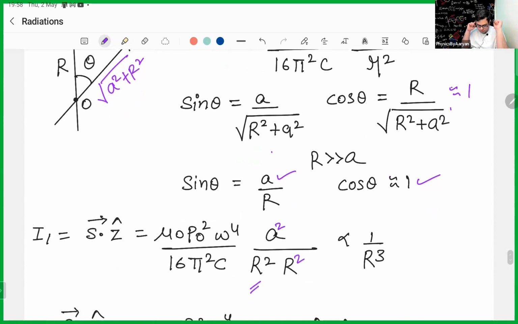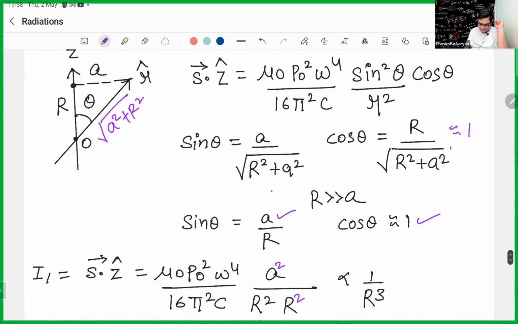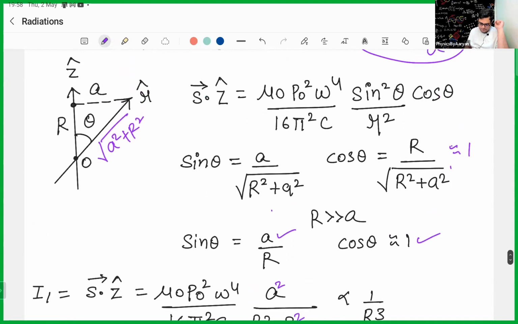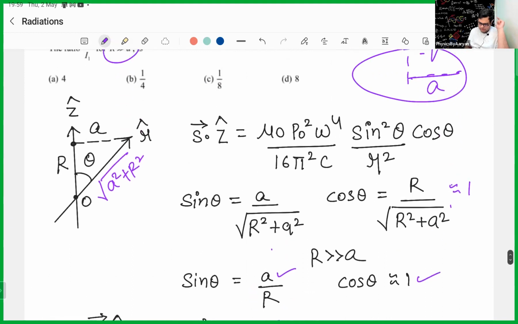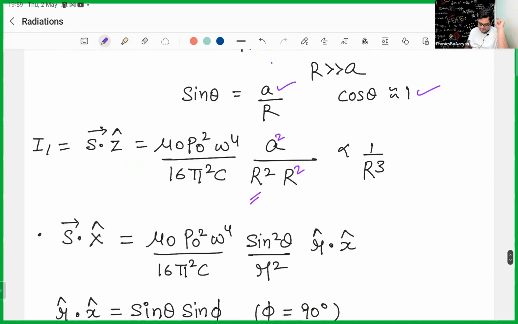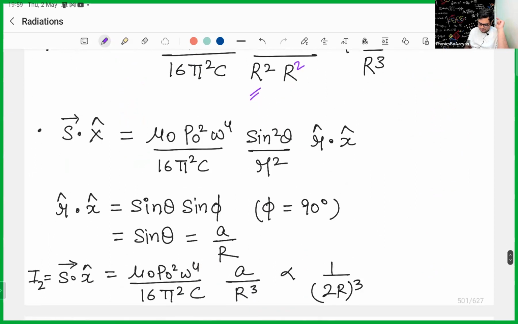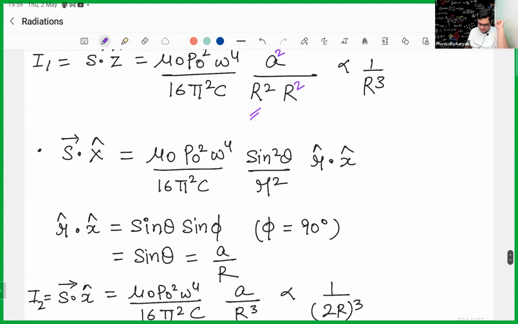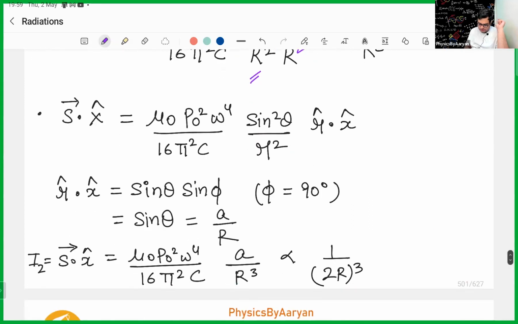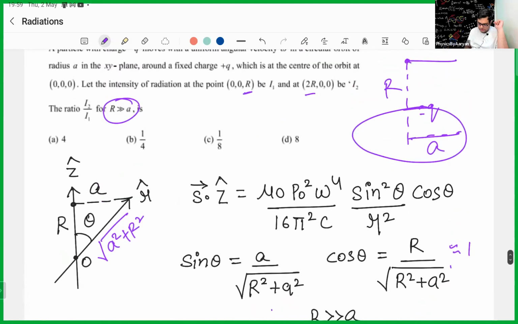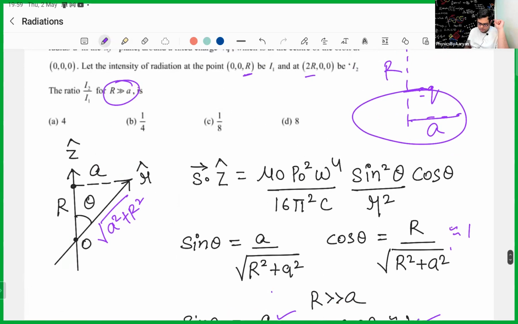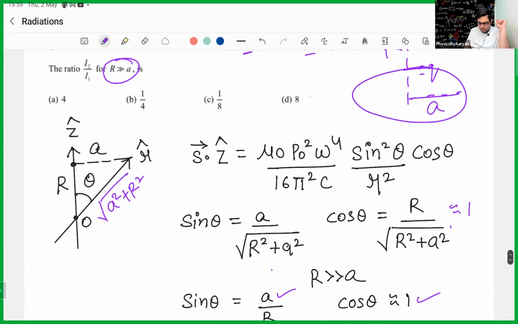It should then be power 4. Just a second. Something is fishy here. Sine theta is A by R. What am I missing here? It should be R cubed. As I remember, it should be R cubed.